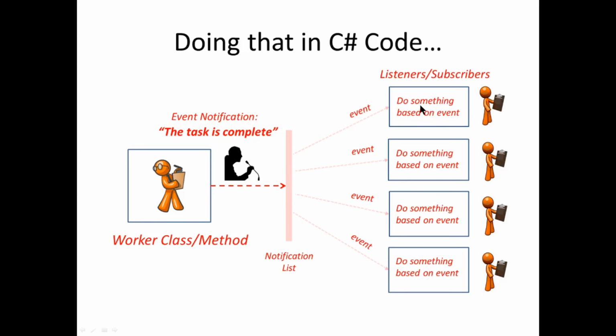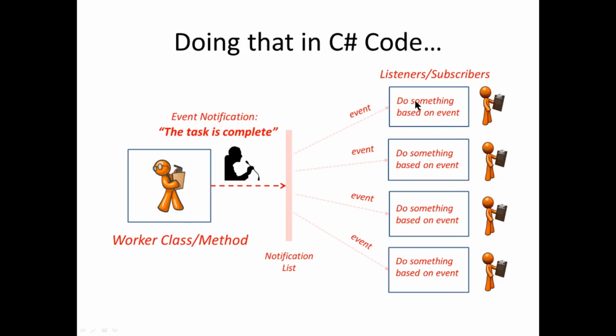So one person will say, oh, okay, I'll go grab the copy and I'll file it. The other person says, oh, okay, I'll go grab a copy and I'll mail it to somebody. And then the supervisor says, oh, okay, I'll grab a copy and I'll keep it on my desk, and so on. So you basically got the issuer of the event and the listeners or subscribers to the event that do something based on the event.